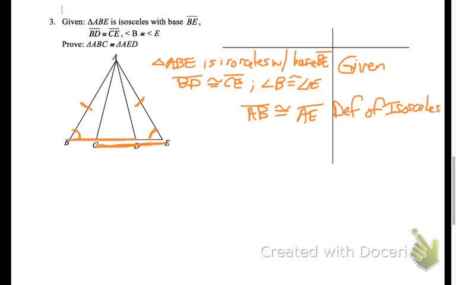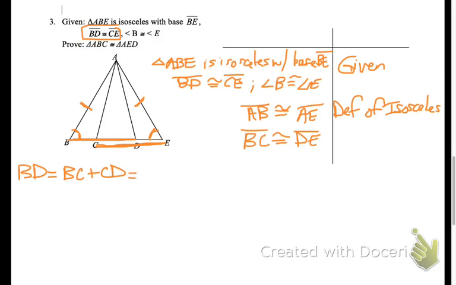Now, we also know that BC is congruent to DE. Now, why are those segments congruent? Well, what we'd seen before is, based on this congruence, BD, which is made up of segments BC and CD, is congruent to and equal to segment CE.